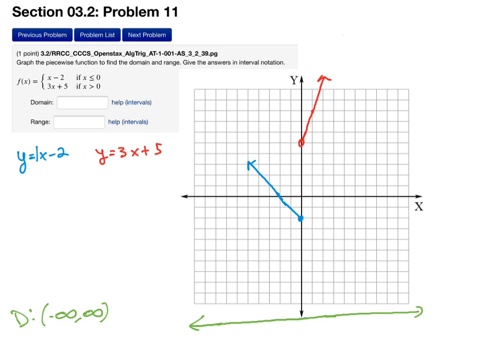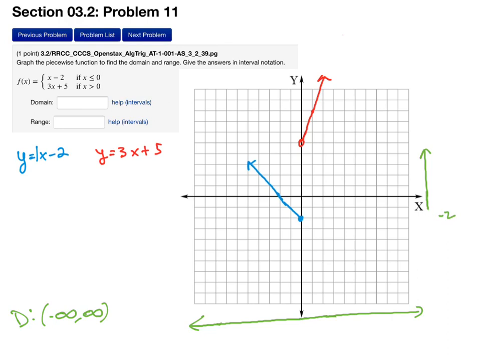Now for the range, let's think about this. The smallest y value is negative 2, and then it continues up. This blue line just continues to go up, so we don't even need to consider the red line, because the blue line starts at negative 2 and goes all the way to positive infinity.